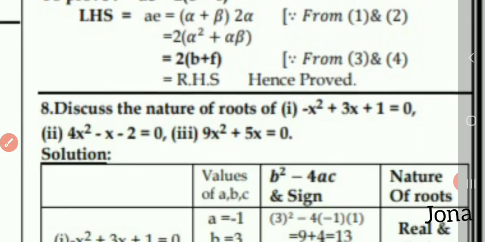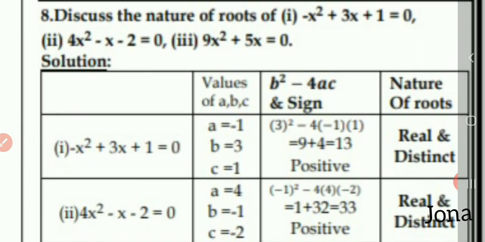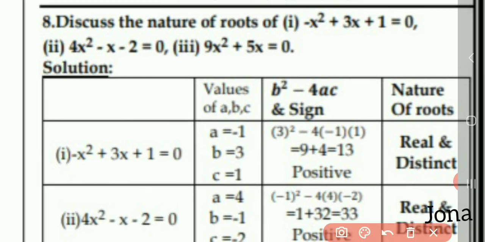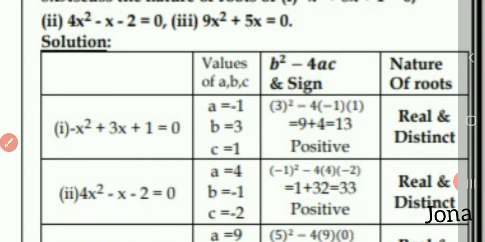Okay, the next problem: discuss the nature of roots of −x² + 3x + 1 = 0. The nature of roots we learnt already in 10th standard, isn't it? We have to check b² − 4ac, whether it is greater than 0, less than 0 or equal to 0.